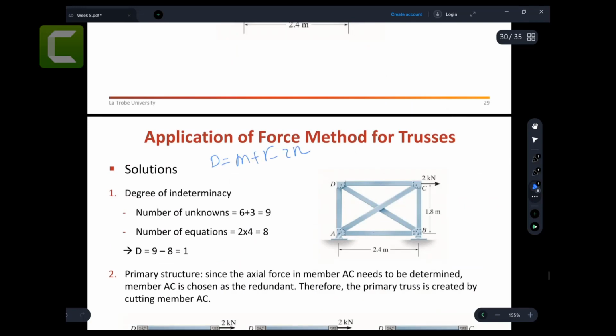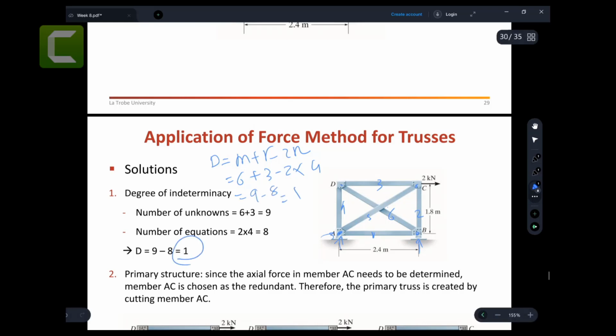How many members do you have? 1, 2, 3, 4, 5, and 6 members. So 6 members. How many reaction forces? I think 1, 2, and 3. 3 reaction forces. How many joints? Joint 1, joint 2, joint 3, and joint 4. So 9 minus 8, degree of indeterminacy equals 1.